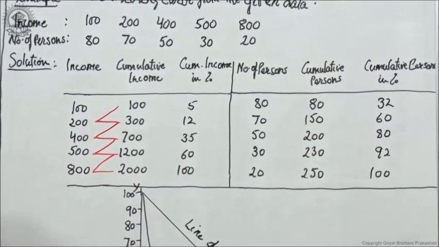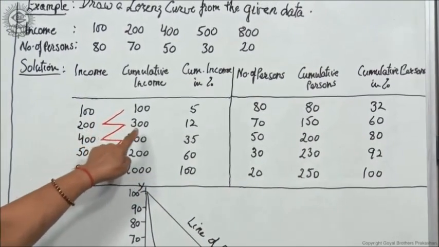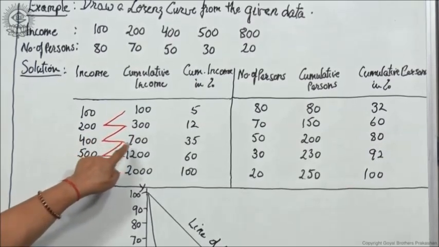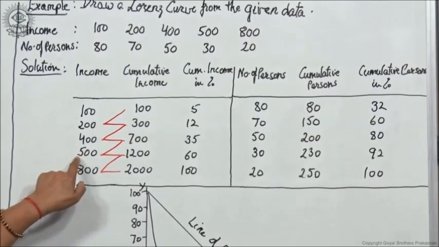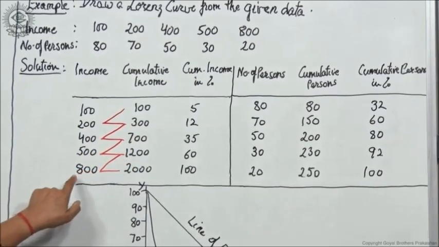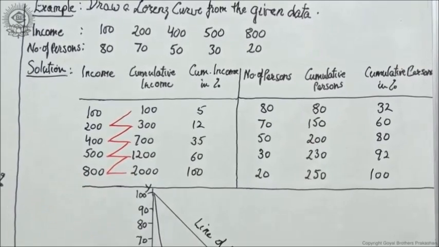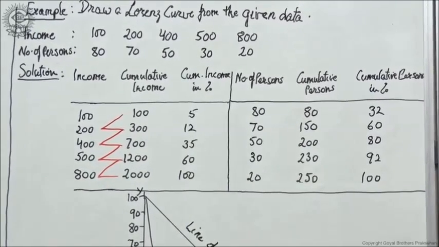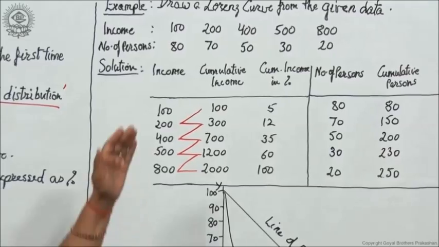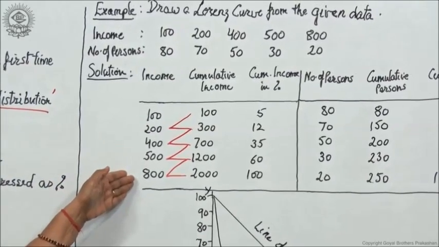Go on adding up. 100 plus 200 is 300, 300 plus 400 is 700, 700 plus 500 is 1200, 1200 plus 800 is 2000. So find out cumulative income, that is the total of all these.